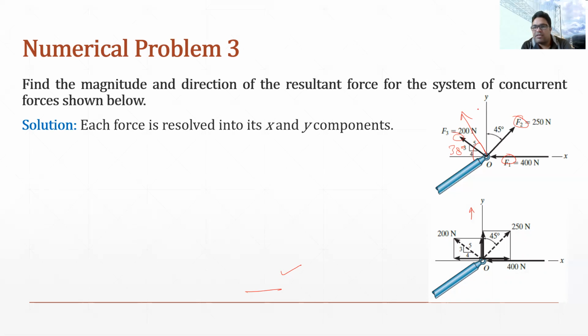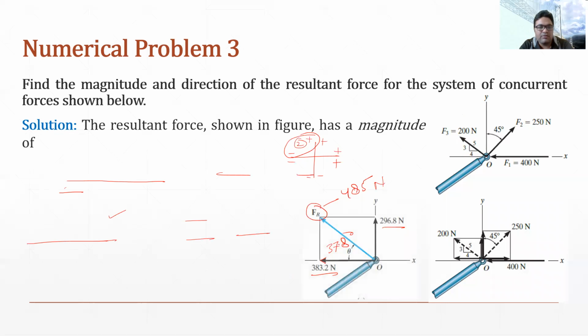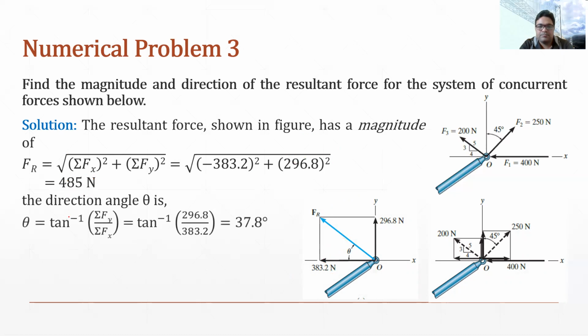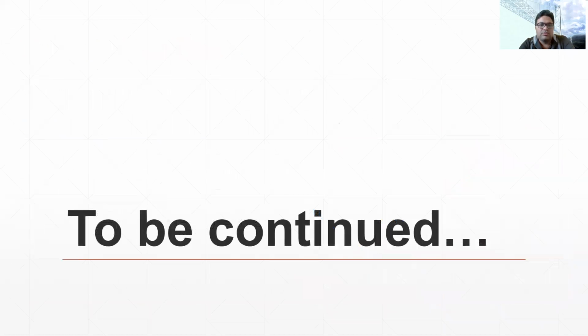So all three forces are replaced by a single force, and the magnitude is 485, sorry, and the direction is 37 degree. This is how we find the direction and magnitude, and we represent that in the diagram also. So that is the solution of problem 3. We will continue our topic in the next lecture. Thank you.